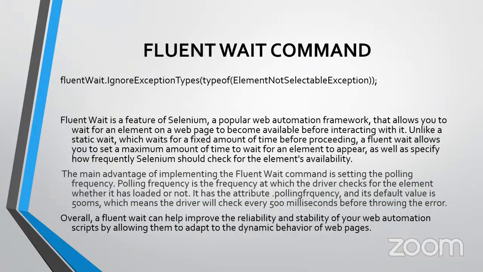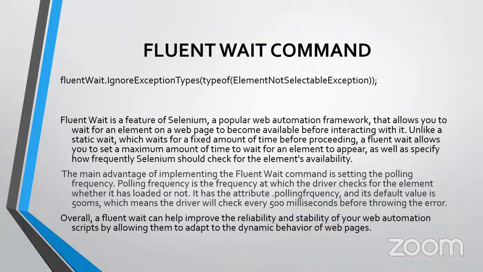So we'll move on to the fluent wait command. Here's the code snippet for fluent wait. So what is fluent wait? Fluent wait is a feature of Selenium, a very popular web automation framework, that allows you to wait for an element on a web page to become available before interacting with it.